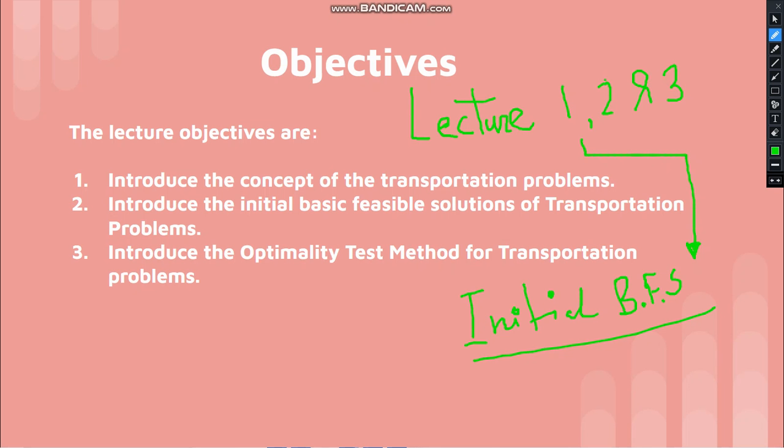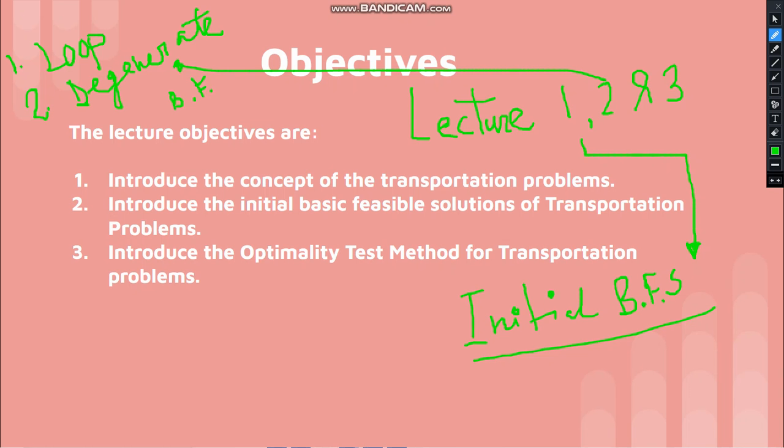In the second lecture we'll deal with some special cases like loop formation. We'll discuss what we mean by loop formation, what a degenerate basic feasible solution is, and we'll deal with a basic method to find the optimum solution, which we call the Modi method.